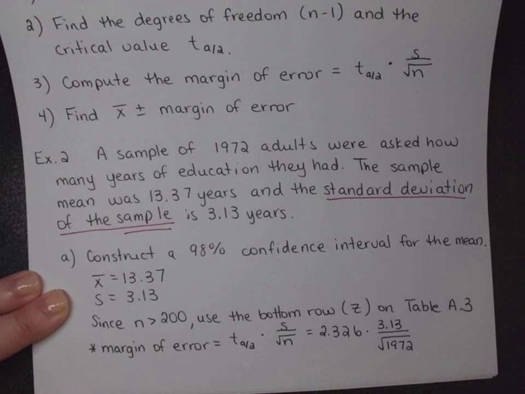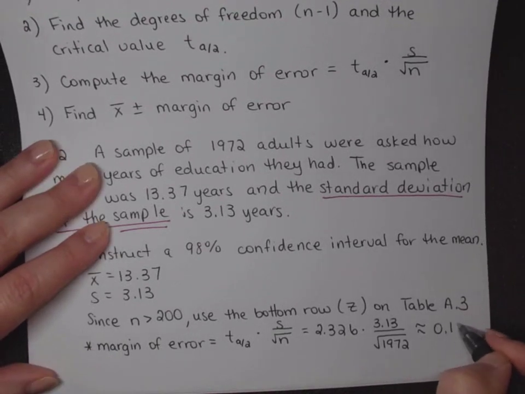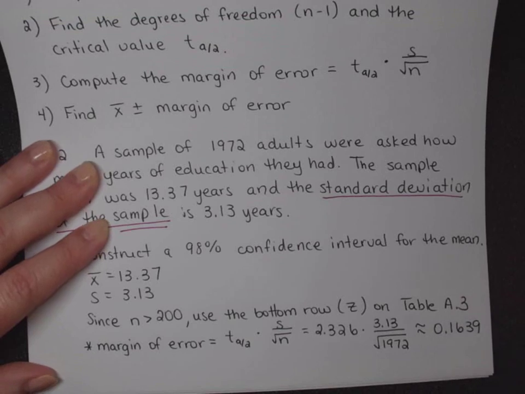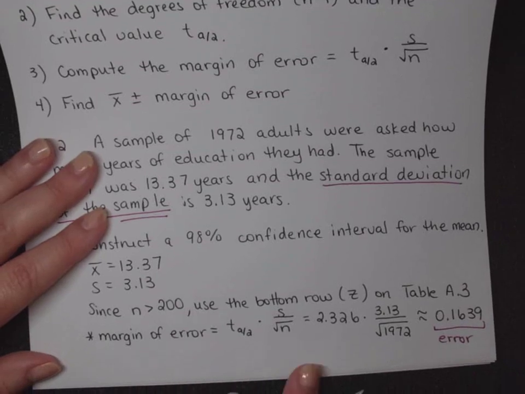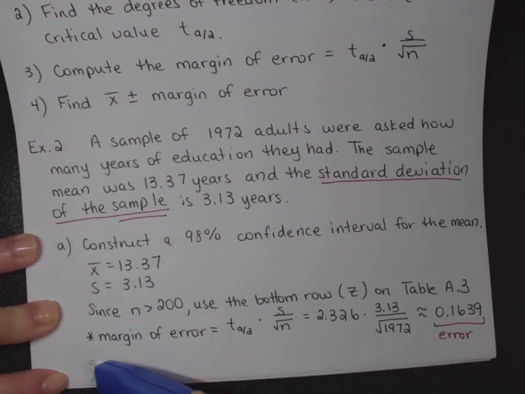If you work that out on your calculator, it comes out to be 0.1639. Remember, this represents your error. I'm going to go to the next page. I don't really have enough room here.